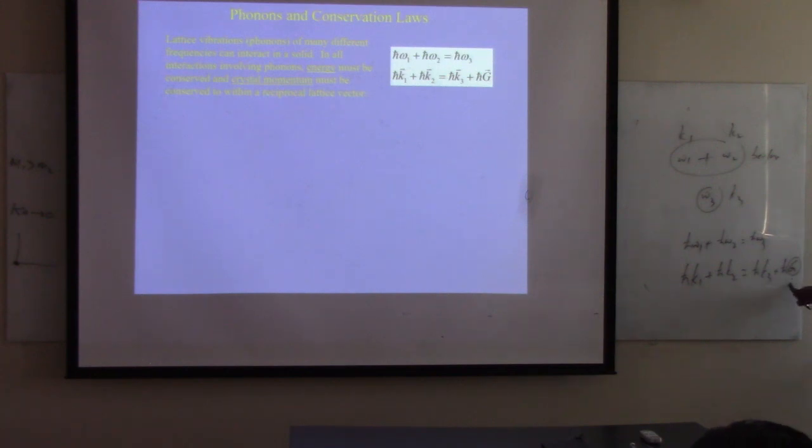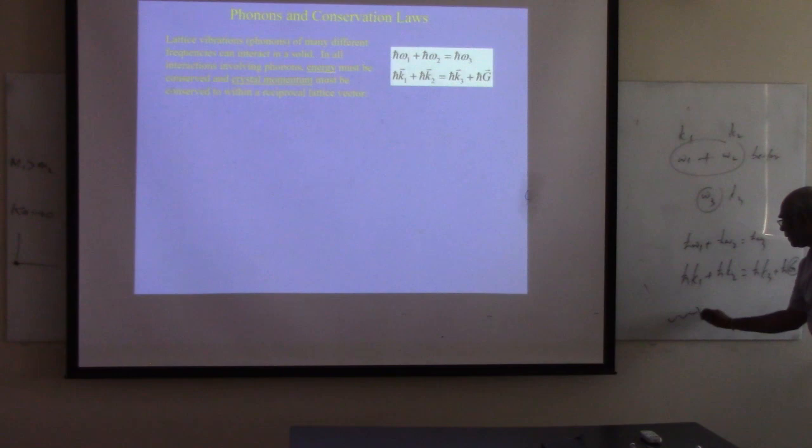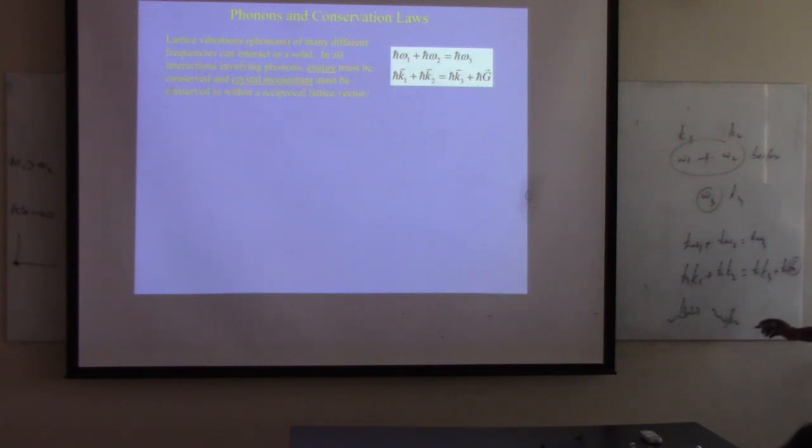Probably you remember this one, right? If you have photons, say X-rays, K1, K2, what is K2 minus K1? Bragg's law, delta K is G, right?